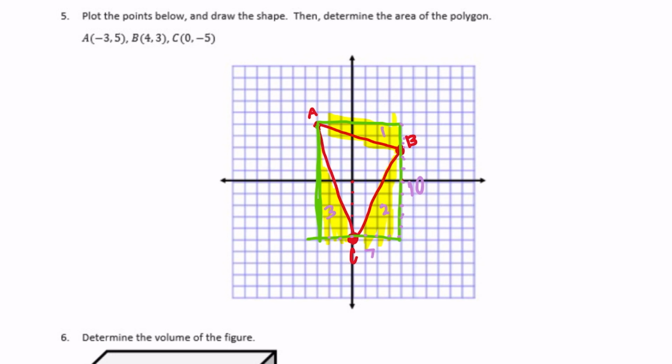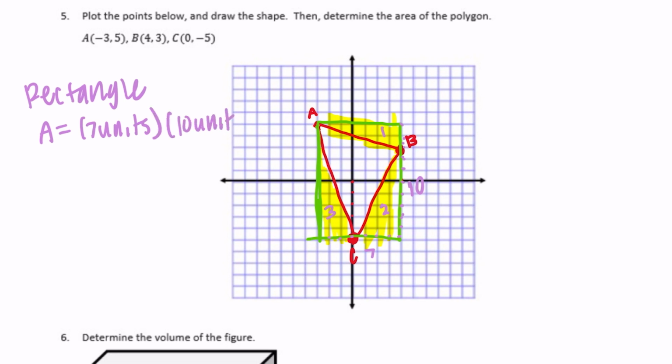So 7 by 10. So the area of the rectangle, length times width, is equal to 7 units by 10 units, which is equal to 70 units squared. So the area of the rectangle is 70 units squared.